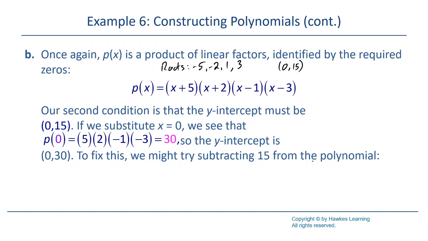So your first thought might be, oh, well, what if I just subtract 15? That would help, right? Not really. You need to look at it for a second and go, okay, why does this not work?